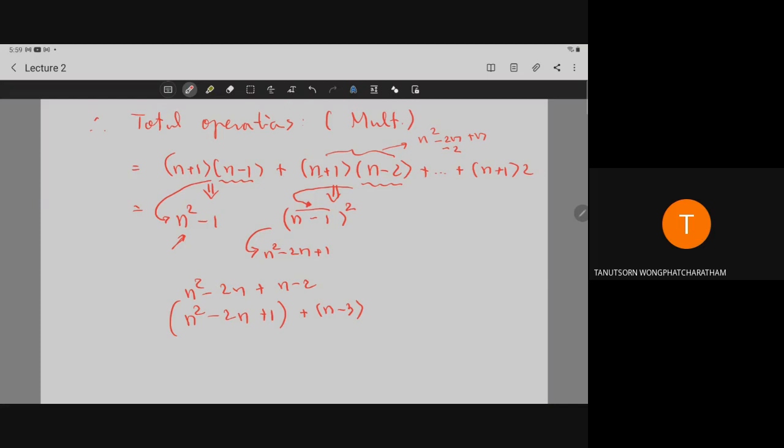Okay, then the second term, this is n plus 1 minus 1. Plus 1 and plus 1 minus 3 and minus 3.